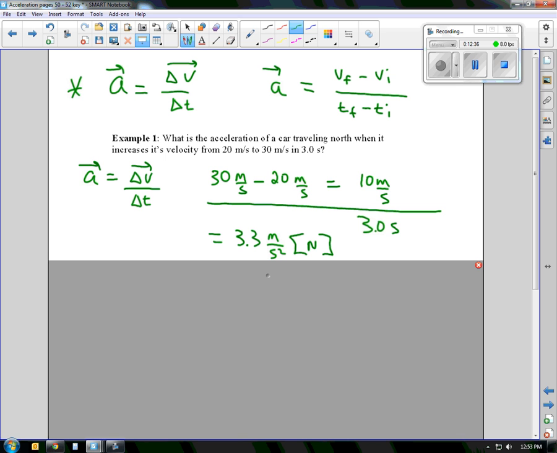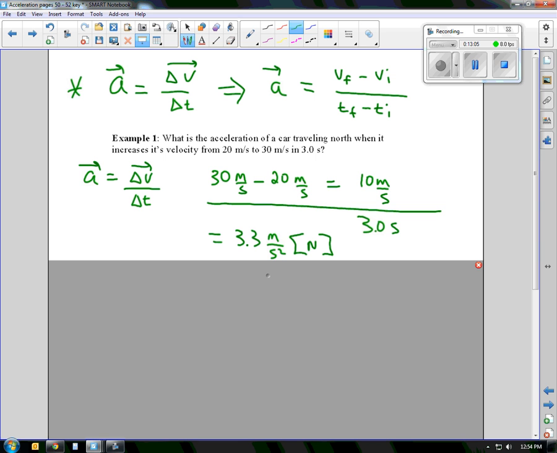So over here, I have kind of shown you how that looks. So another way to write this formula is acceleration is equal to, and then instead of writing delta V divided by delta T, we're going to write it as velocity final minus velocity initial divided by time final minus time initial. And if you think about that, that makes sense.